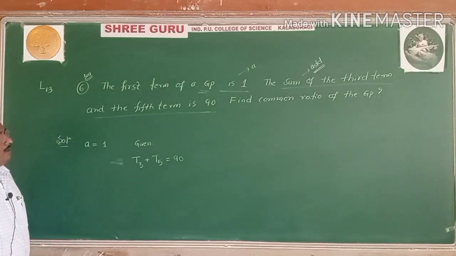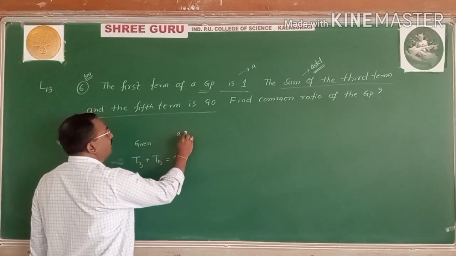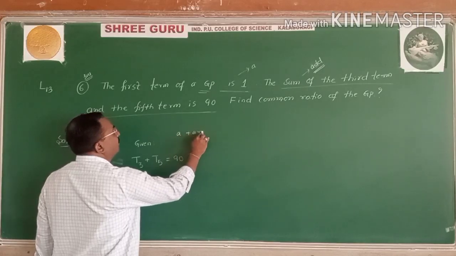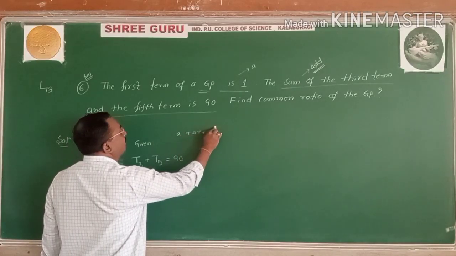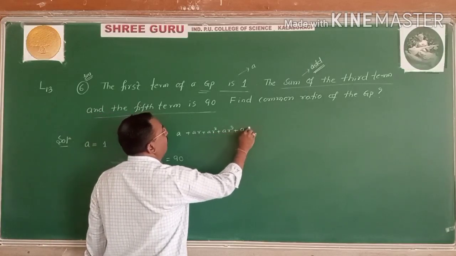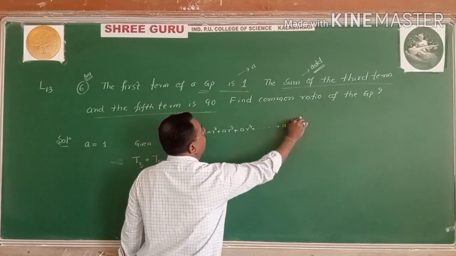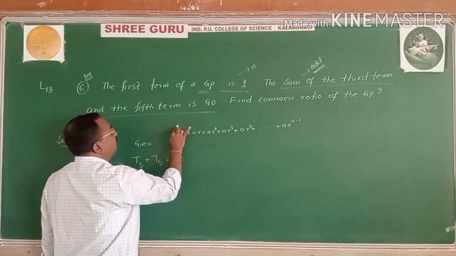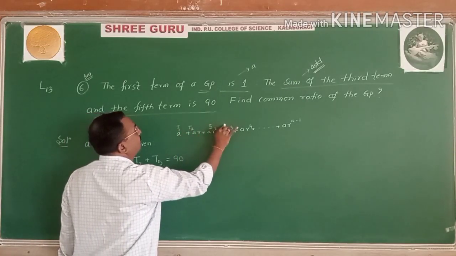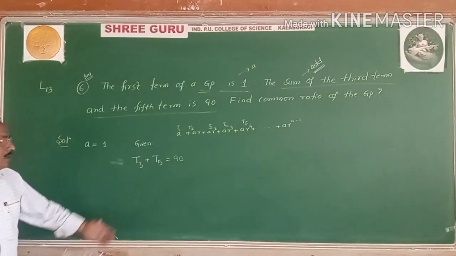Do you know what the GP series is? A plus AR plus AR square plus AR cube plus A into R to the power 4 plus up to A into R to the power n minus 1. This is the GP series. Here this is T1, T2, T3, T4, T5.